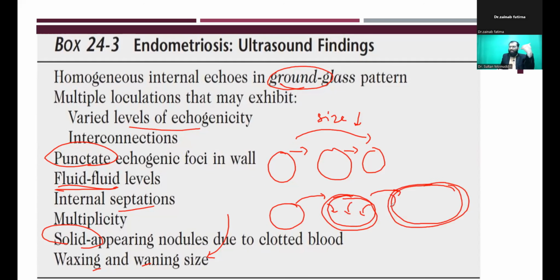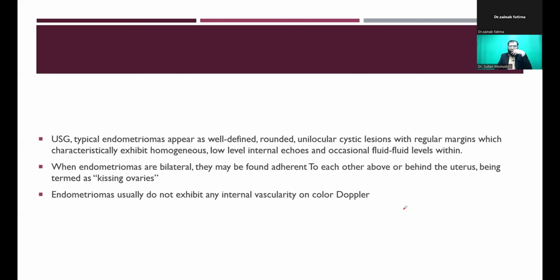So with each cycle, you will find that the endometriotic cyst or chocolate cyst goes on increasing in size. This is one of the very important feature of endometriosis. Then because of scars, we see a special type of ovary which is called kissing ovaries.